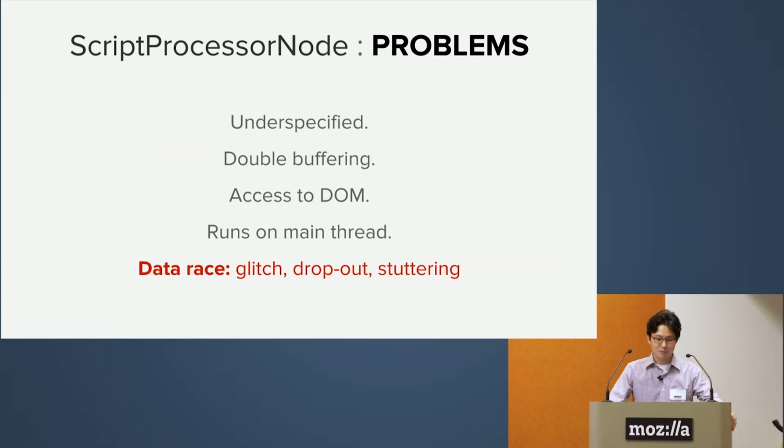So what is the problem with the script processor node? I think the most important problem is that it is underspecified. If you look at the specification document, the section for the script processor node is really short. That's usually a bad sign, because there's room for inconsistency across browsers.